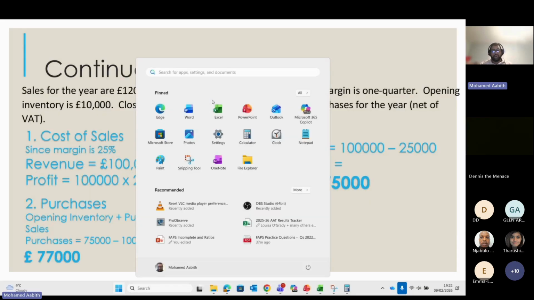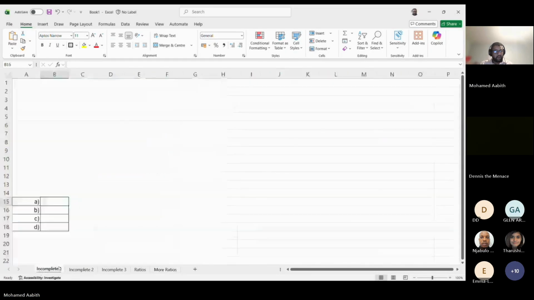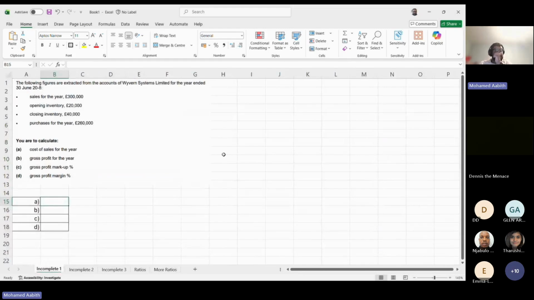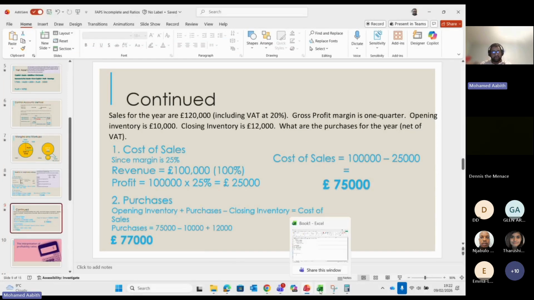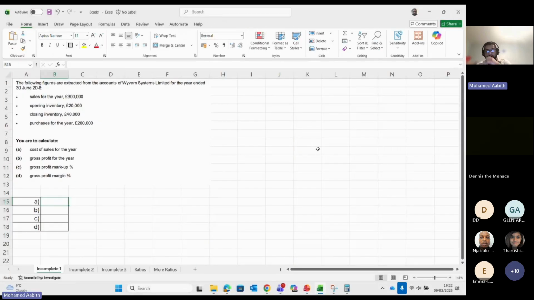So let's go into my spreadsheets, and then we'll do some questions here. Let me just come out of it, otherwise it will hide my mouse pointer. So there's another good question here.